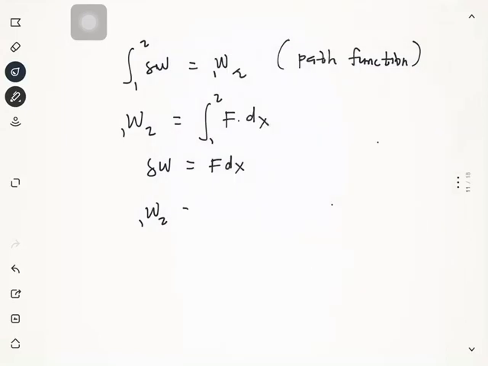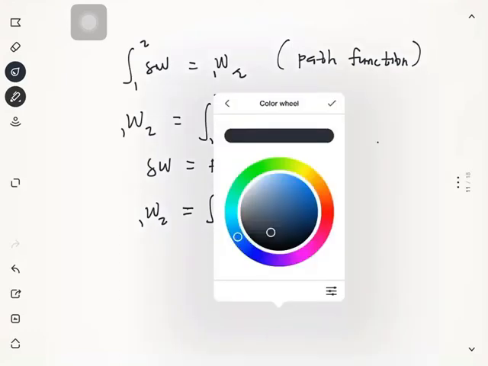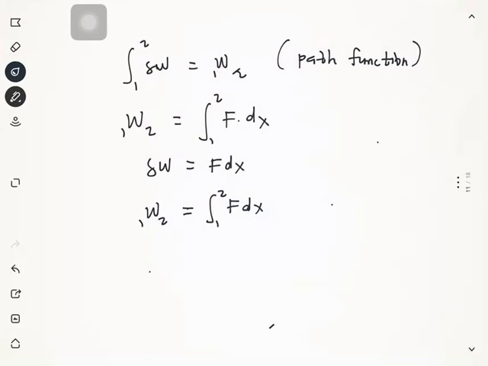This is the integral from 1 to 2 of F dx, or simply we have this one. We go back to this one, F times dx.